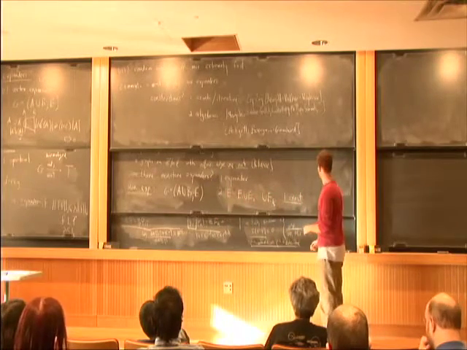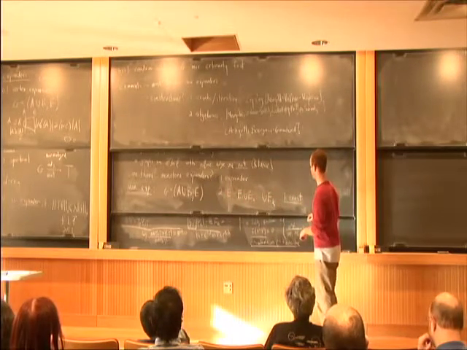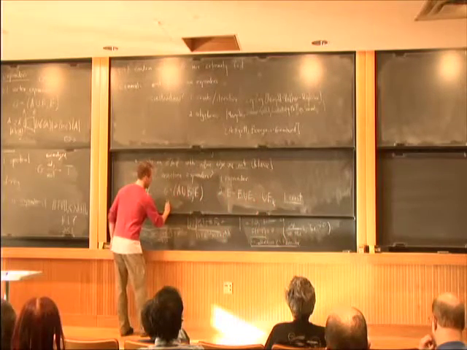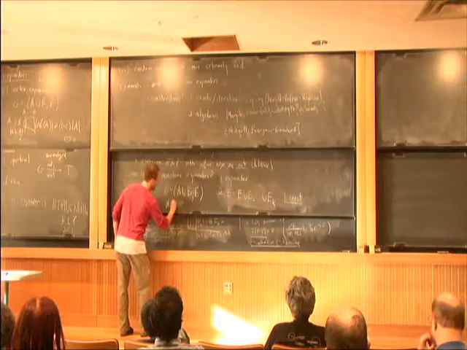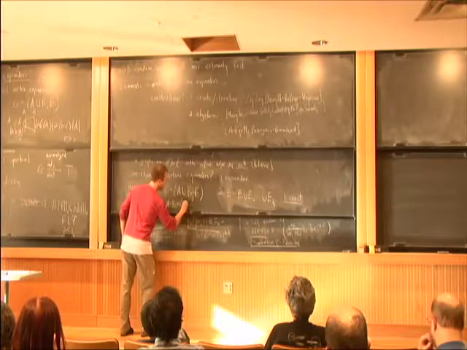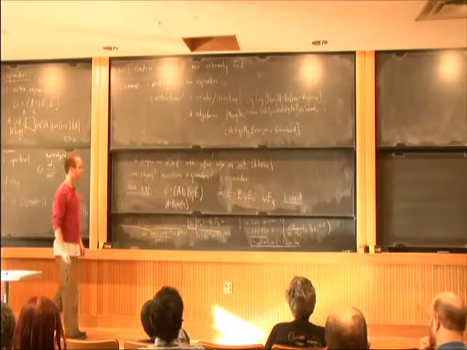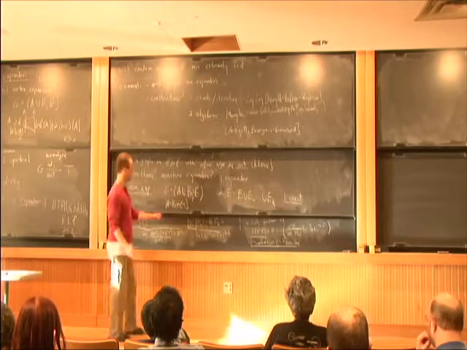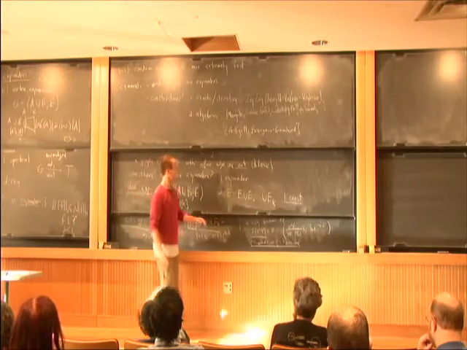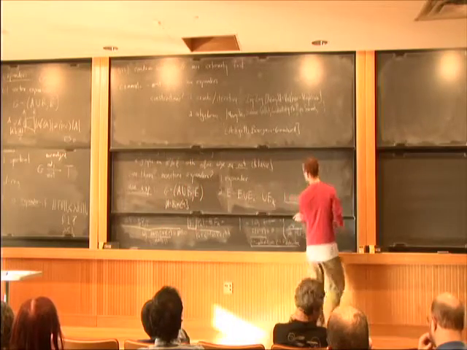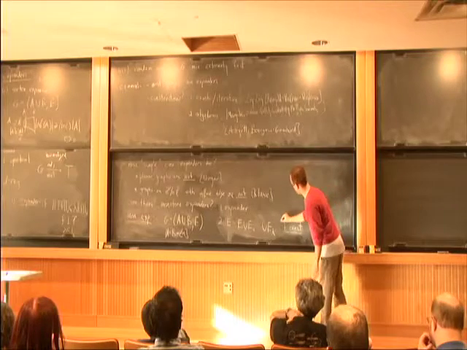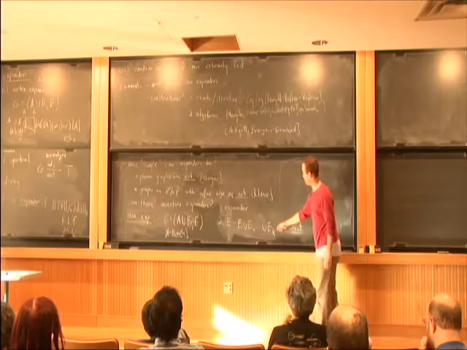Maybe I will write here that A and B are the integers 1 to n, to be concrete. So there is an order on this. And I will now write two ways to define this.